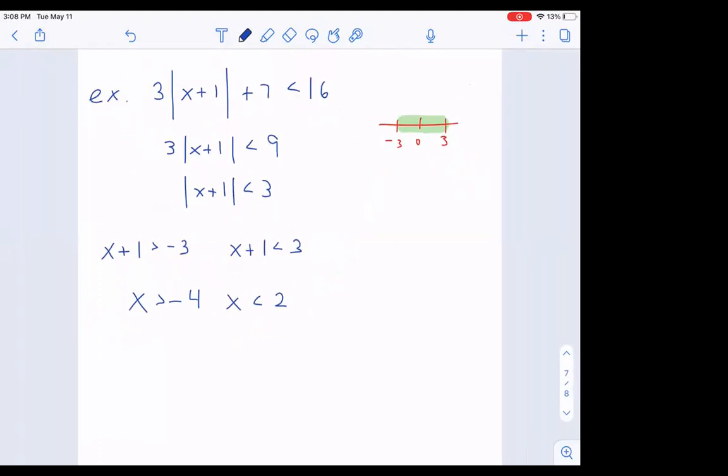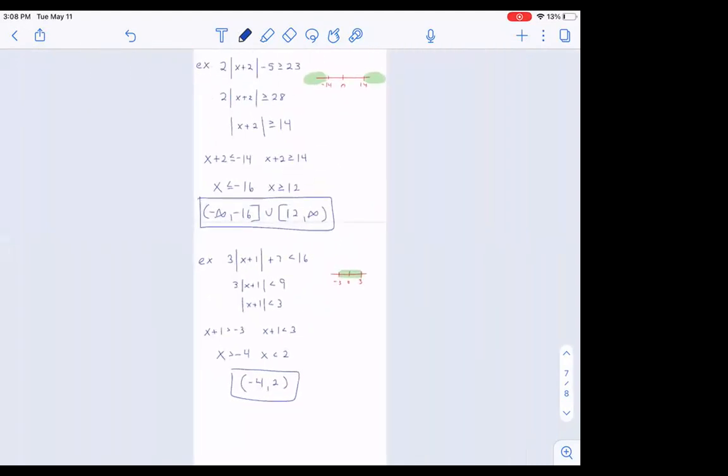That is one region, exclusive, from negative 4 to positive 2. All right, any questions? Well, you guys at home?